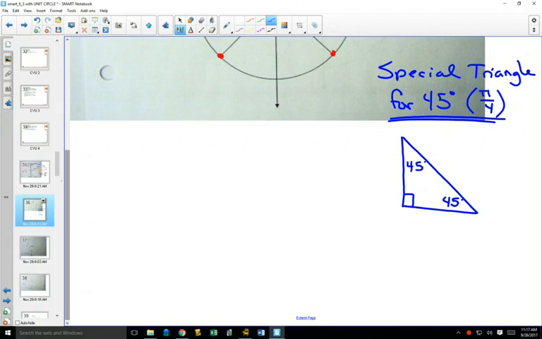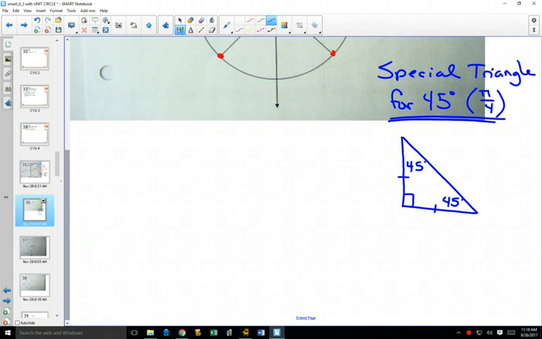What's it called? Isosceles. An isosceles triangle has two angles that are the same and two sides that are the same. So if these two angles are the same, that makes these two sides the same.